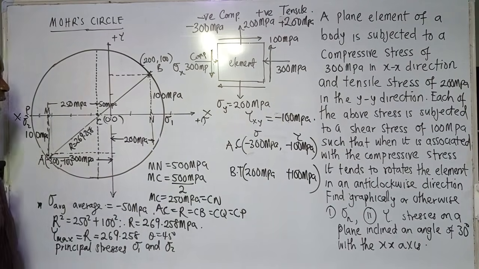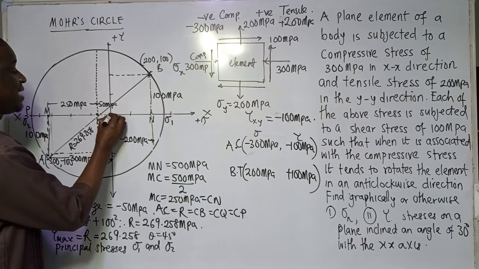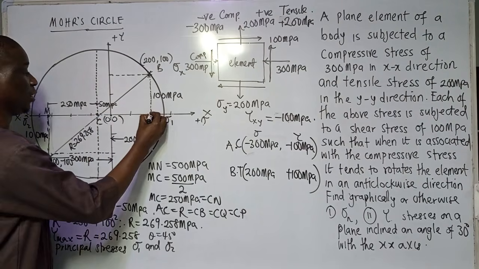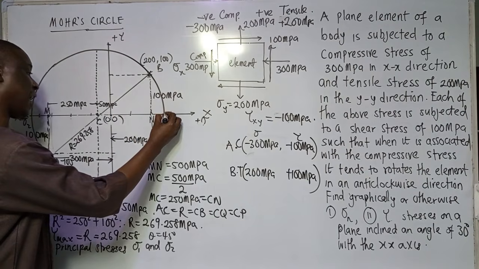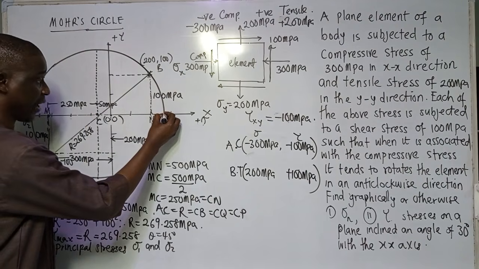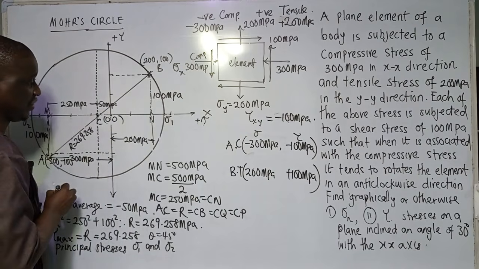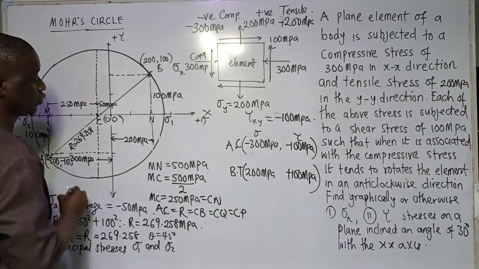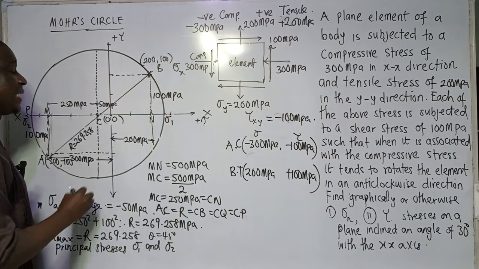You understand me now? How do you get it? Don't forget, from this place to this place is R. I mean from this point, center C, to this point is your R.